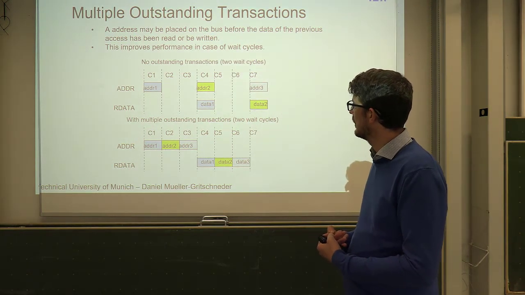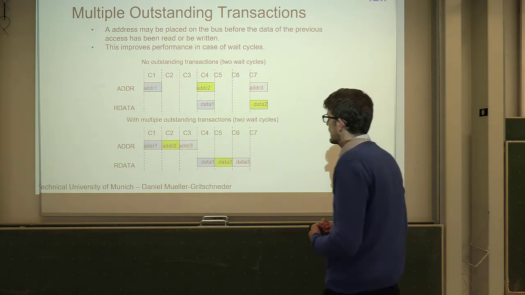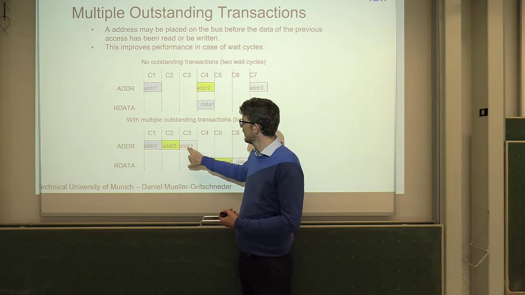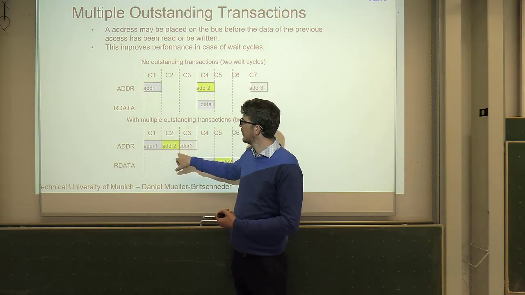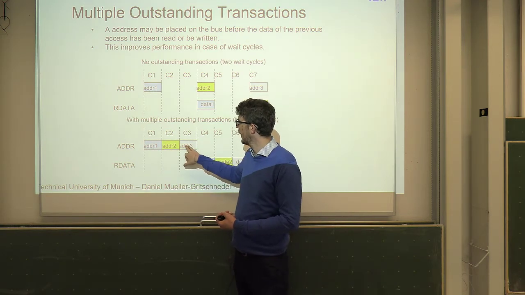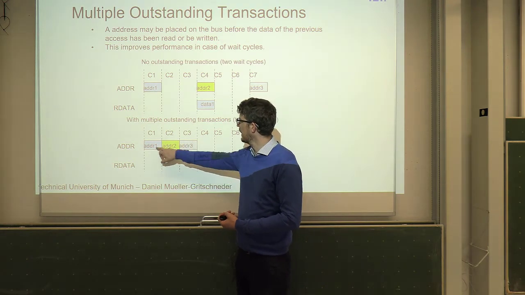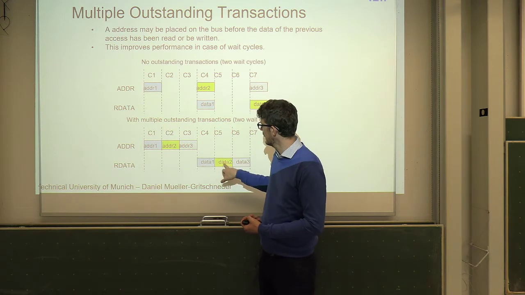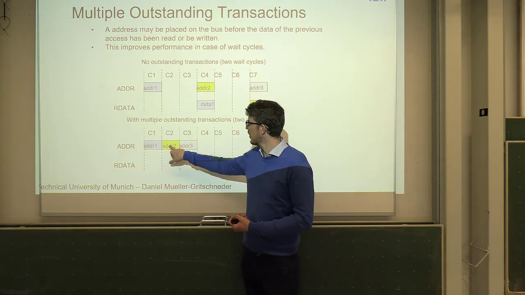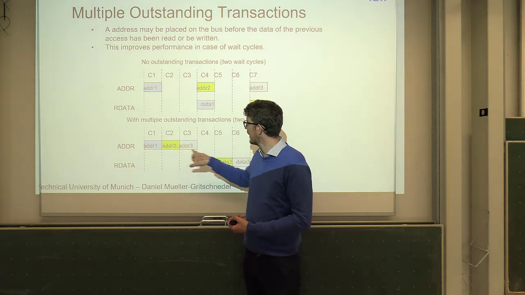And for that, what you can do is, you can put more addresses, but you can put the next address even before you got the data back. So you're saying, okay, now we have 3 addresses, give me the data back, and each one of them waits 2 cycles, yeah? But the data is coming back much faster because the waiting time for this one is already starting here.